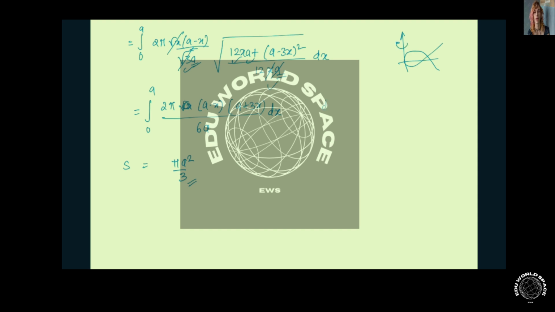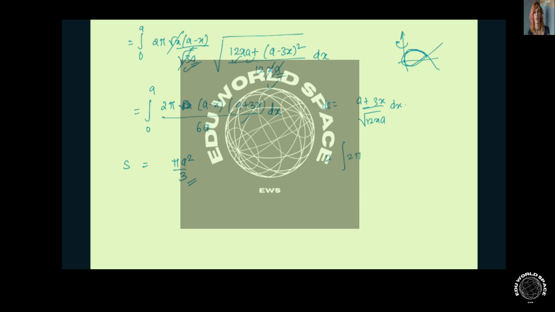We can simplify this ds as we have obtained here: (a + 3x) over √(12xa) dx.